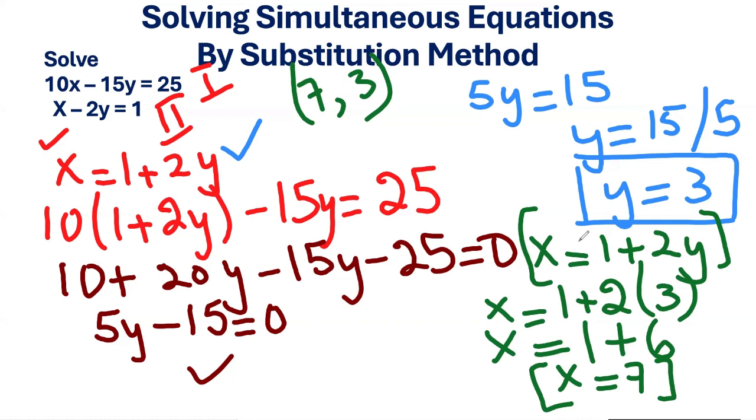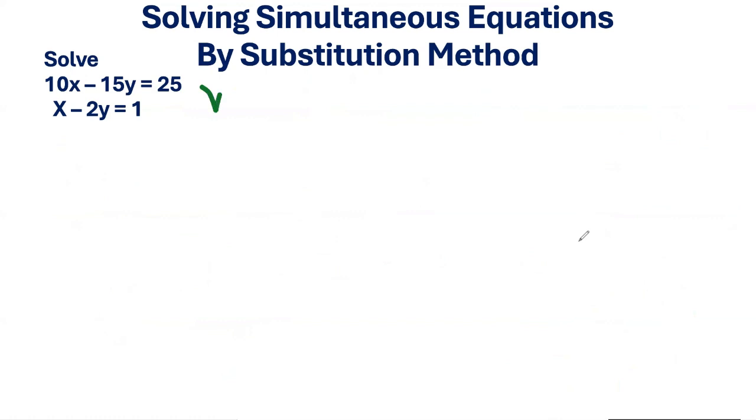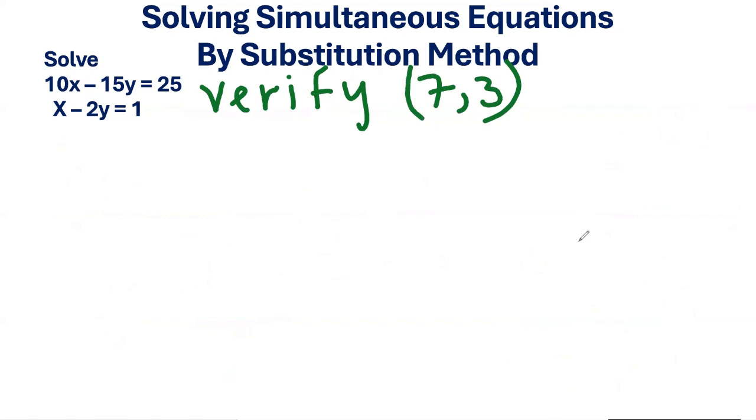Now you have to verify to prove that your answer is correct. So let's do verification of 7, 3. How to verify? Substitute this value 7, 3 in equation number 1.